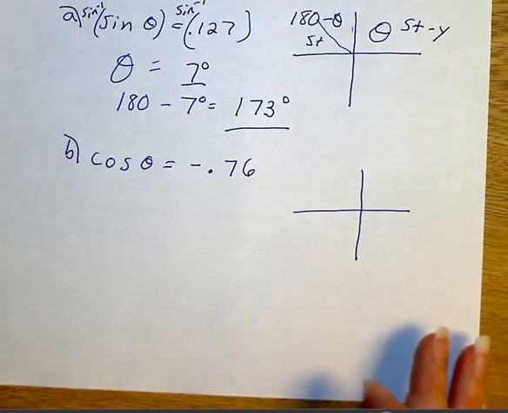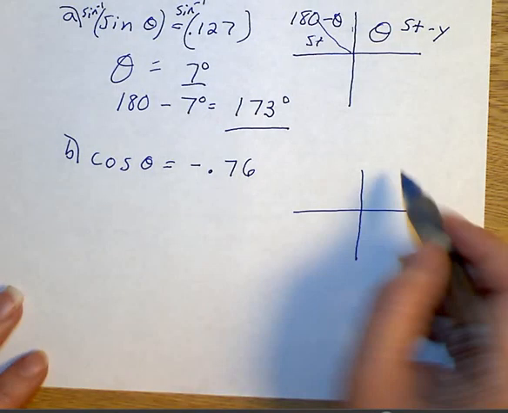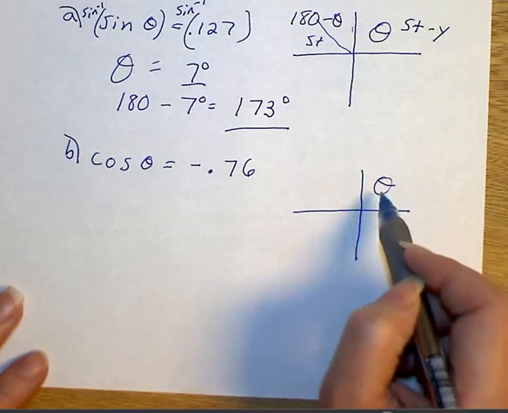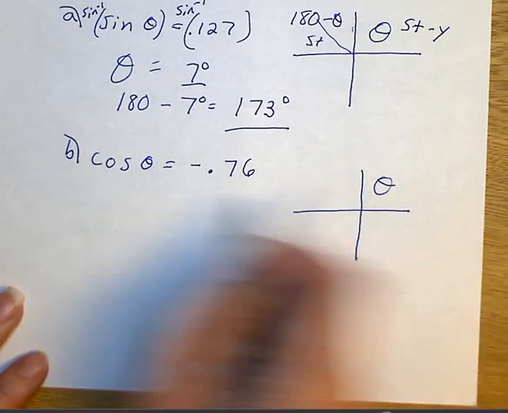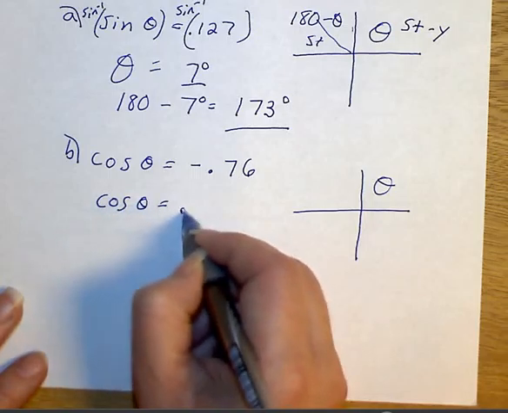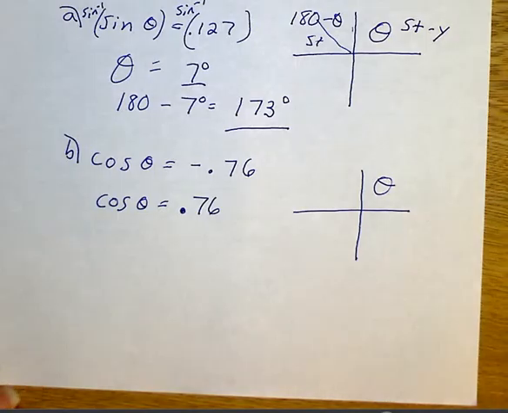Theta is in quadrant 1, right? So we always have to find the positive first. So find cosine theta of 0.76. That's your first step.